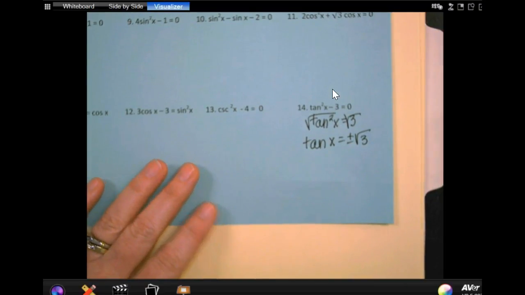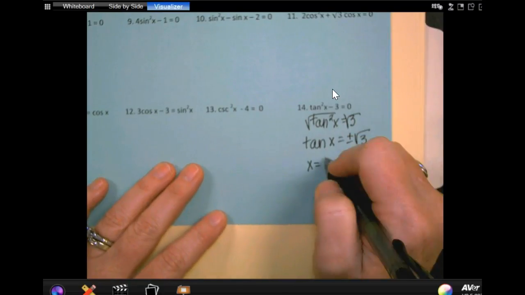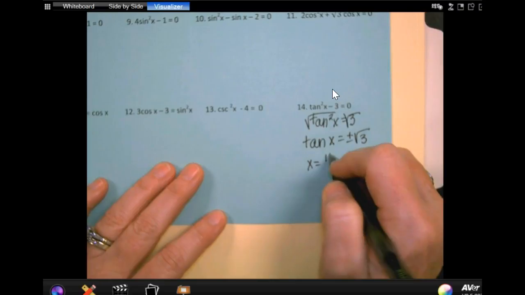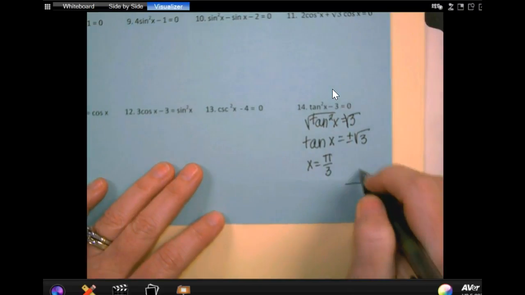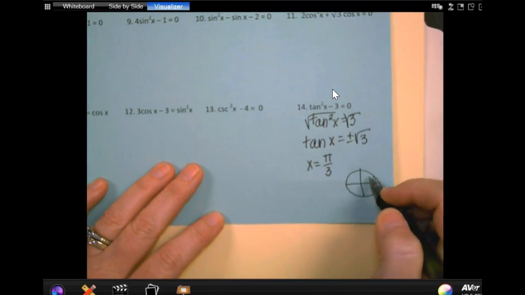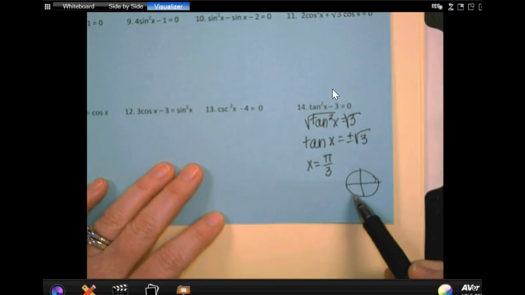Somebody who has the blue notes where we wrote this down, tell me the right answer. The tangent is equal to the square root of 3 at pi over 3. But I want a plus and a minus. The pi over 3 gives me the positive. Where's the other positive one? In the third quadrant.